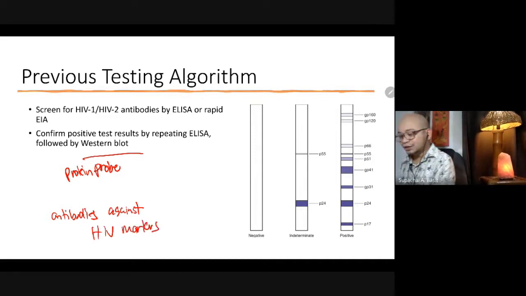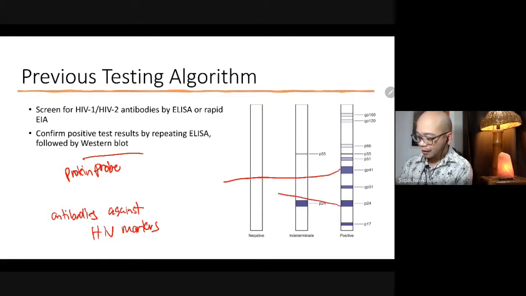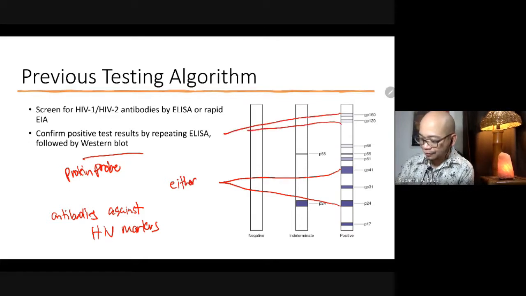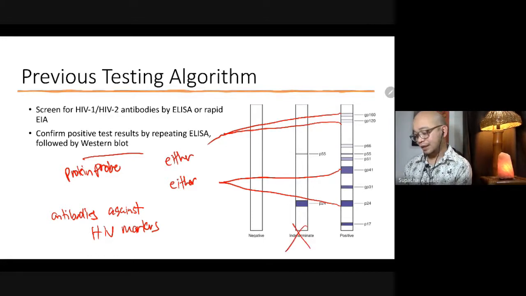To be considered positive, you have to be positive in either of these, and either of these. So this one, therefore, is indeterminate because you are only positive with P55 and P24.